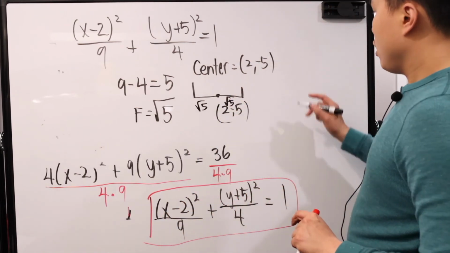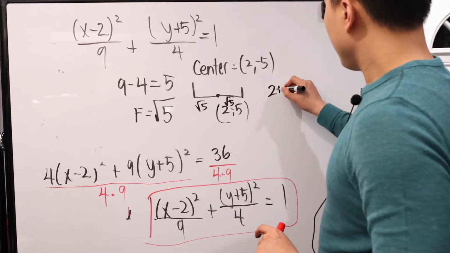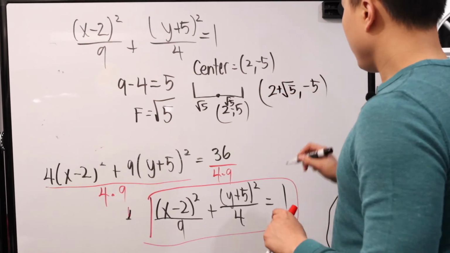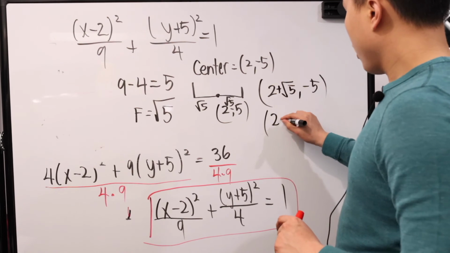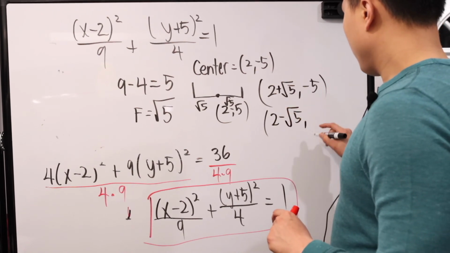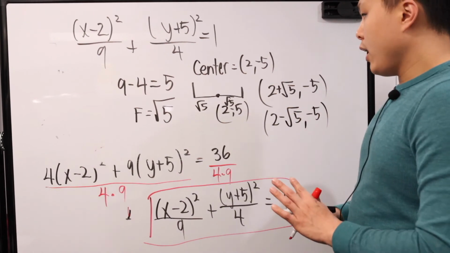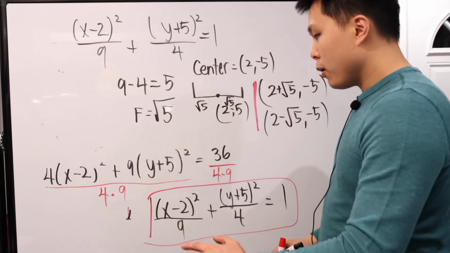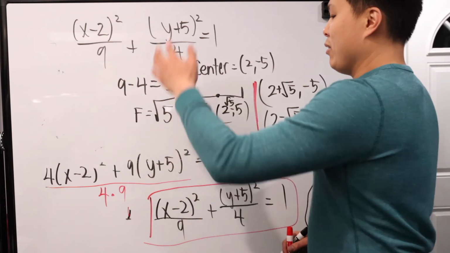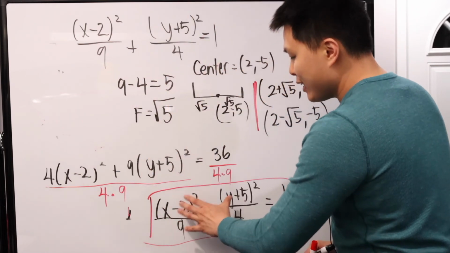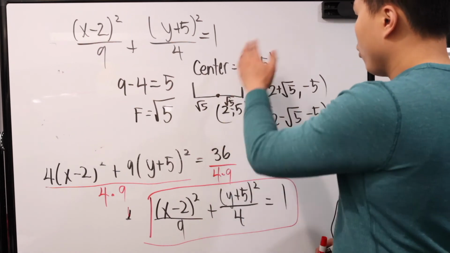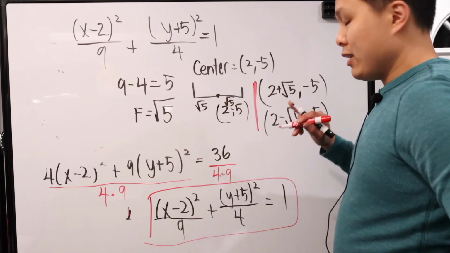So our focus point is going to be 2 plus square root 5, comma, negative 5. And the other point is going to be 2 minus square root 5, comma, negative 5. And just like that, we have our 2 focus points. That super long problem that I've erased went down a bunch of steps to rewrite it into the equation of an ellipse, and then after that we have our focus point right here.